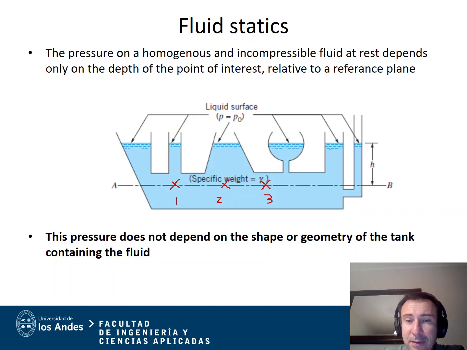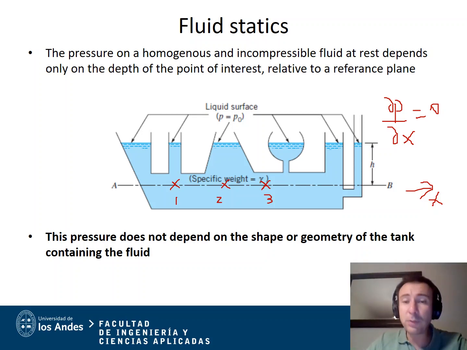Remember we said that, let's say this is x, dp/dx is equal to what? It's equal to 0. What is this equation telling us? That the changes in pressure in the x direction, where this is x, they don't change. There's no difference.